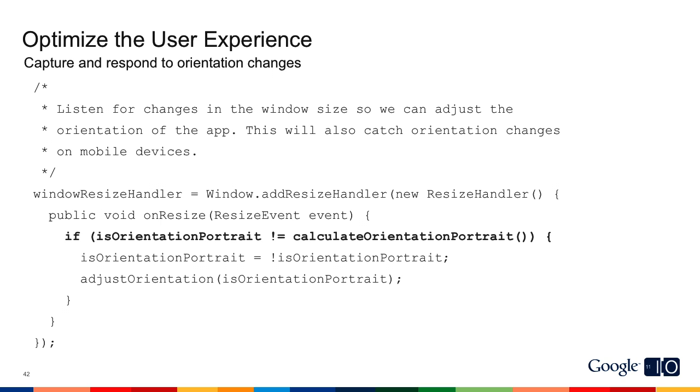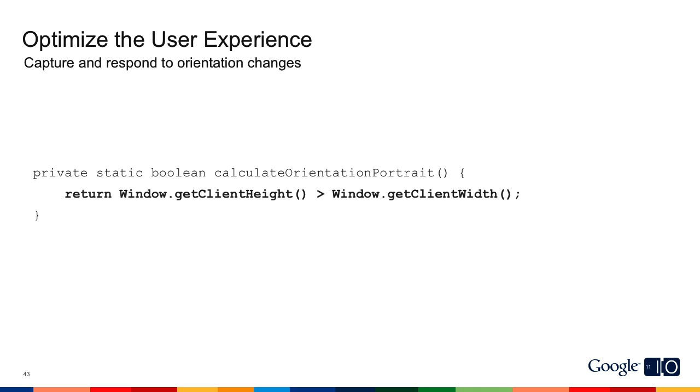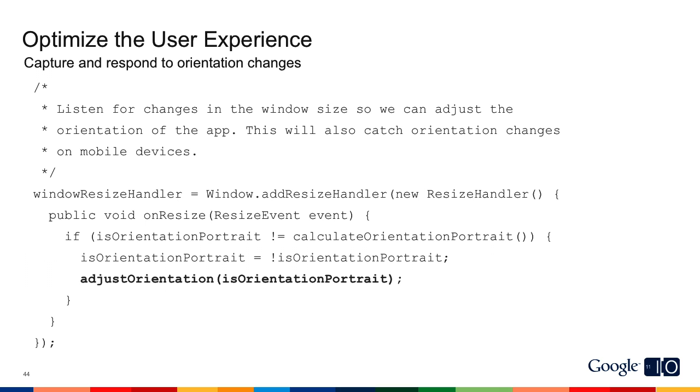So if you go and you calculate, well, am I switching from portrait to landscape, which is a very simple method like this, is my client height greater than my width, right? So if my client height is greater than my width, then yes, I've gone into portrait mode. And if the result of that isn't what I've cached, then I've switched from portrait to landscape or vice versa, in which case I do adjust orientation. Now we could jump into the adjust orientation code here, but it's very application specific.